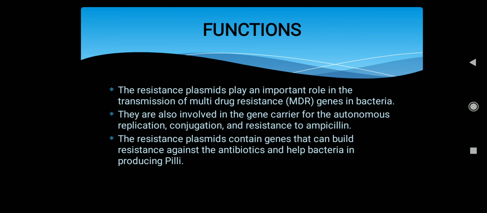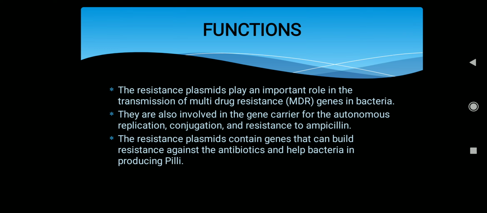They also help the bacteria in producing pili, because they contain the genes responsible for producing pilus, that we saw in our structure. So they help in conjugation as well. So these are the various functions of R plasmid. The main thing is they have antibiotic drug resistance, therefore the treatment for certain bacterial diseases is very challenging.